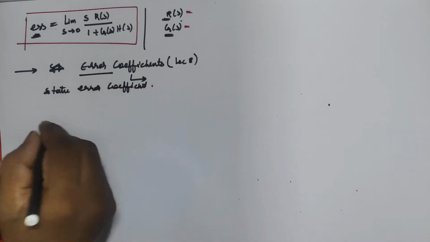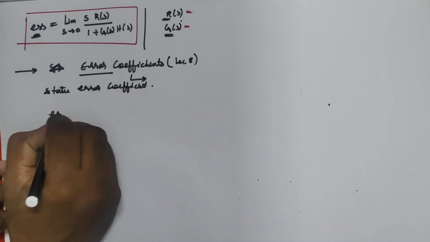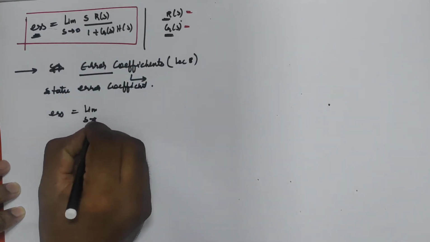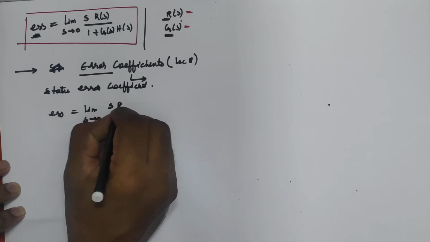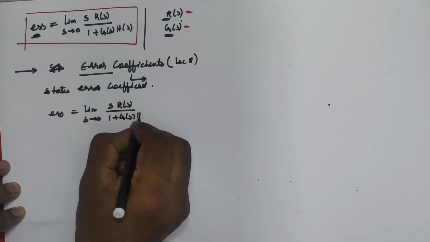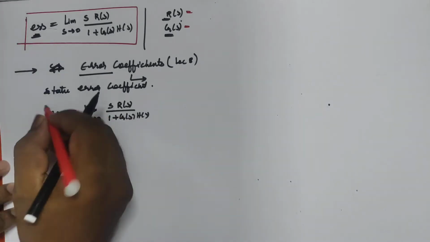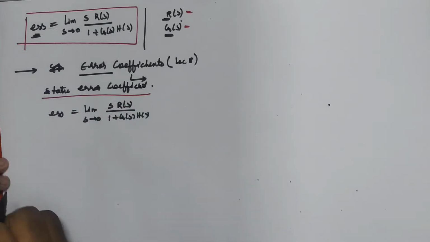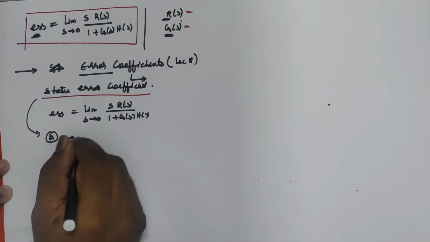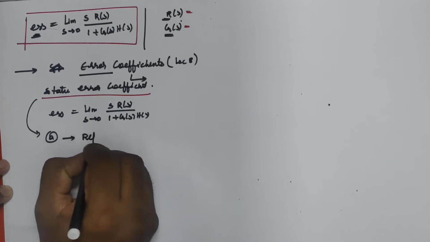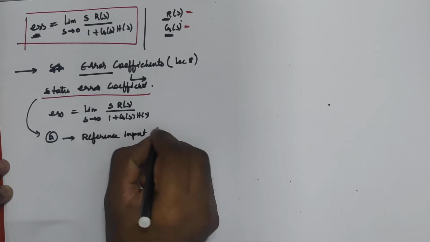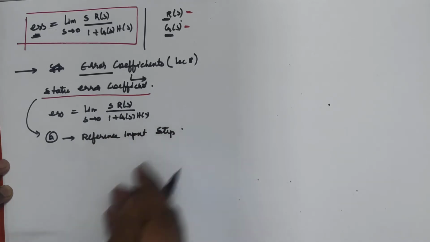We have the steady state error, which is limit s tends to 0 of s R(s) by 1 plus G(s) H(s). The static error occurs when the reference input is a step input.